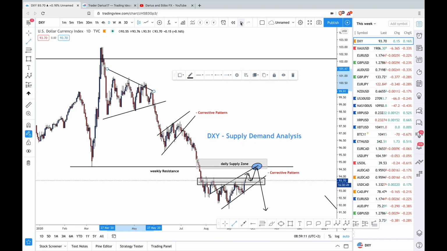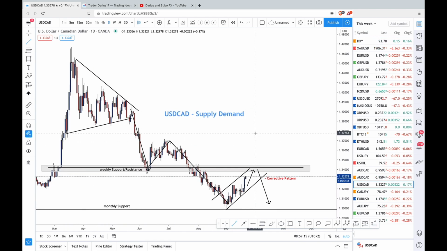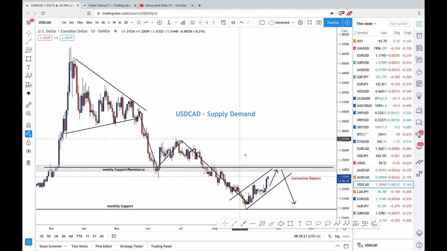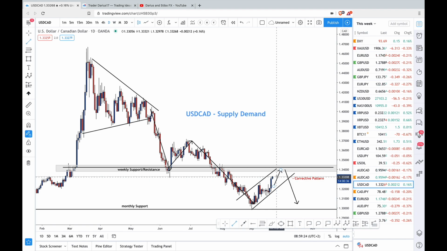Okay, so this is also how I'm using the USDCAD for my analysis. Okay, so pretty simple, not difficult to use it. And yeah, this is what I do expect right now, is that we're going to move till this weekly support resistance, and then the corrective pattern on USDCAD is over, and then I expect that we're going to get a big drop on USDCAD like on the DXY.